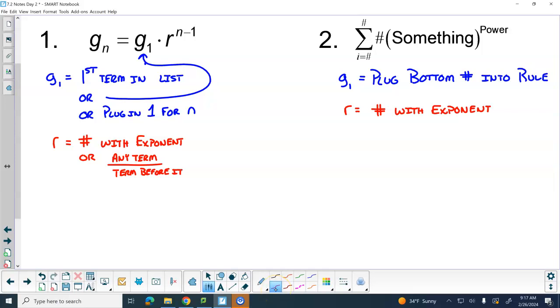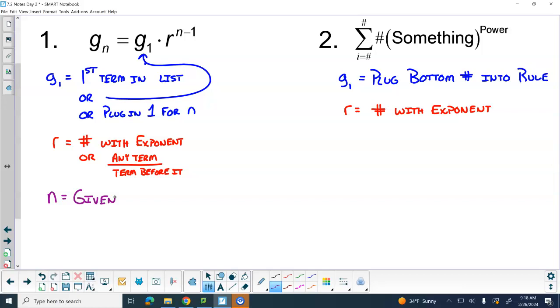Next is our total number of terms. Now, in the left one, you're going to be given that. It's going to say something like, find the sum of the first 8 terms. Then 8 is going to be your total number of terms.